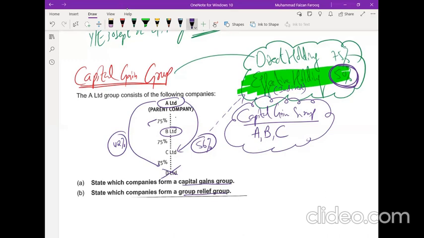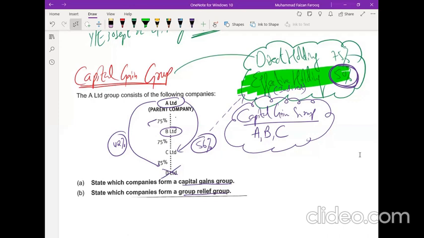For the normal group reliefs, which we already learned, both percentages, direct and indirect, are 75. But for the capital gains group, direct holding is the same, 75, but indirect holding is reduced to 50%. That is what is known as the capital gains group. It means A, B, and C are allowed to share their capital losses.